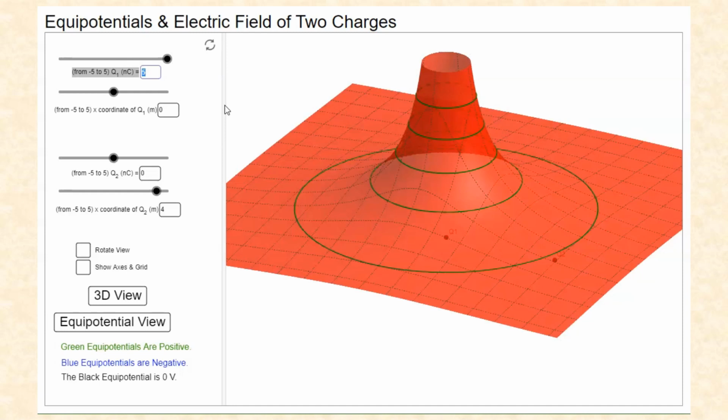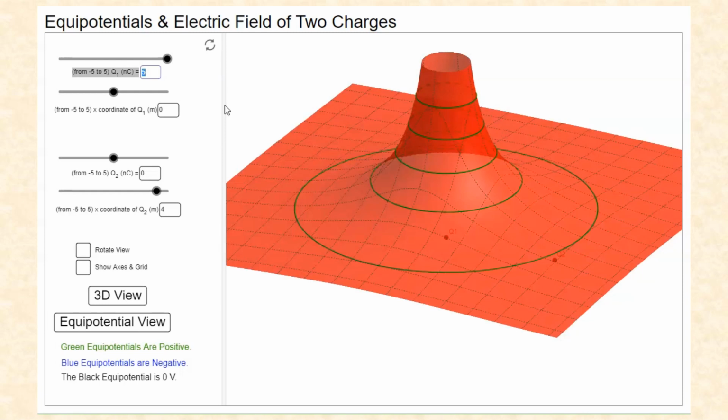In regions where the electric potential changes abruptly with position, the electric field is strong. While in a region where the electric potential doesn't change as quickly with position, as in this case for the larger value of charge, the electric field is going to be smaller in that region.